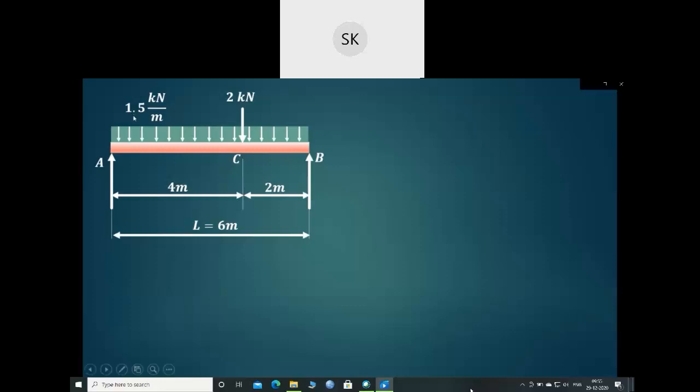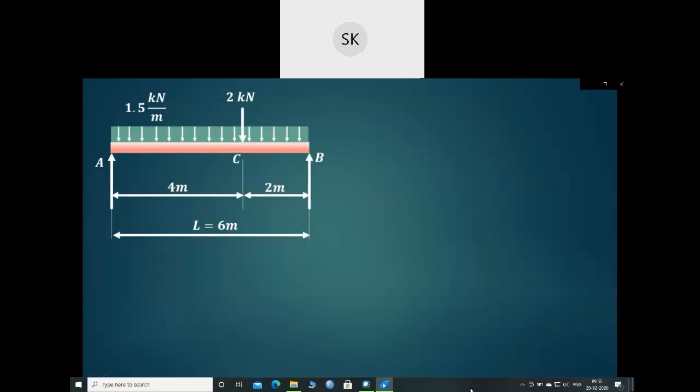First, we'll convert this uniformly distributed load into a point load. The meaning of 1.5 kilonewton per meter is that for 1 meter length, the load acting is 1.5 kilonewton. The total length on which this UDL is acting is 6 meter. So for 6 meter length it will be 1.5 into 6, that is 9 kilonewton.